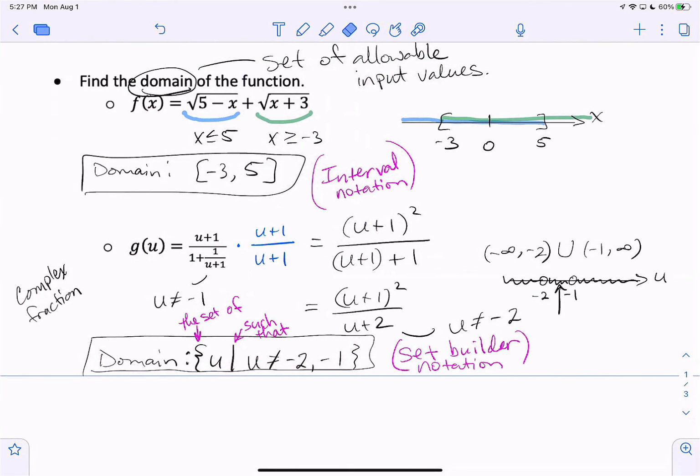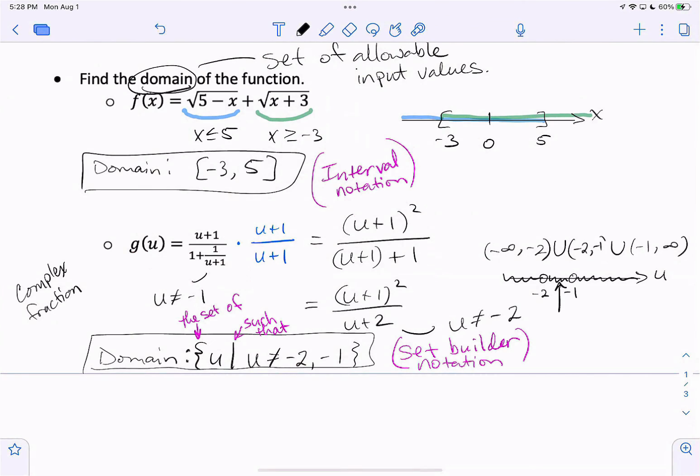To fix that, I would need to add another interval in between. So it would look like the interval from -infinity to -2, union -2 to -1, union -1 to infinity. And once I'm going to write down this many intervals, set notation just is more appealing to me.